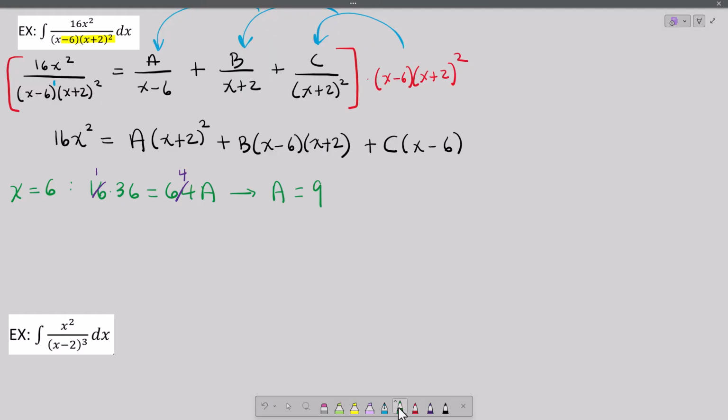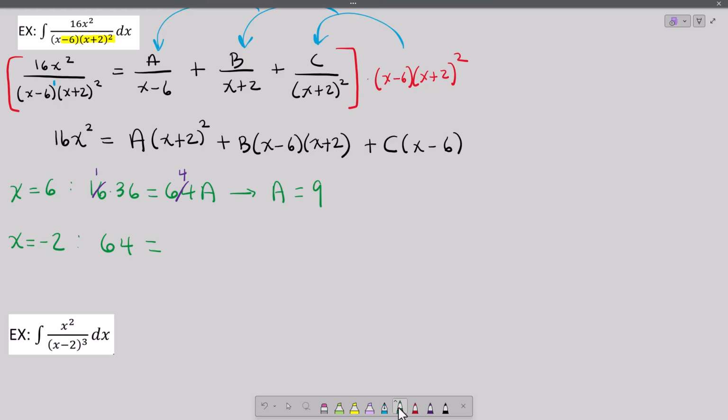Now that we have a is 9, we have a couple of choices. We could plug it back in up here and rewrite our equation, or we can keep going with another obvious convenient value. And what is the next obvious convenient value? X equals -2. Plug it in on the left, 4 times 16, 64.